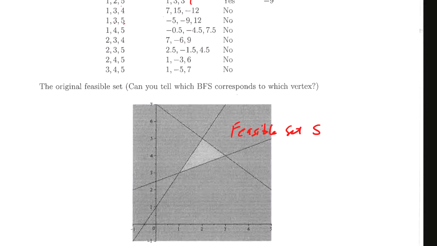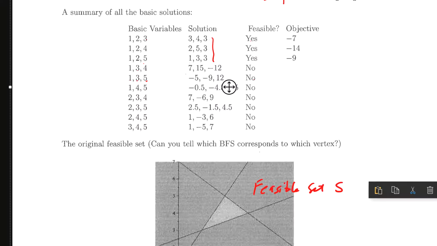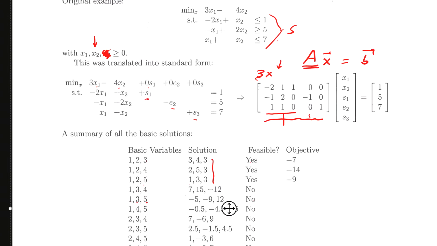Feasible set S. Okay, and so just to double check, can you see which lines are which? Let's see if I can get you down here. In this case, the first line is minus 2x1 plus x2 less than or equal to 1.